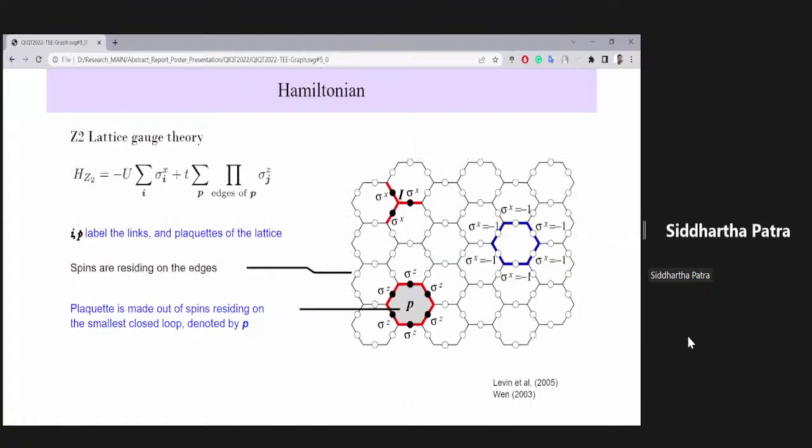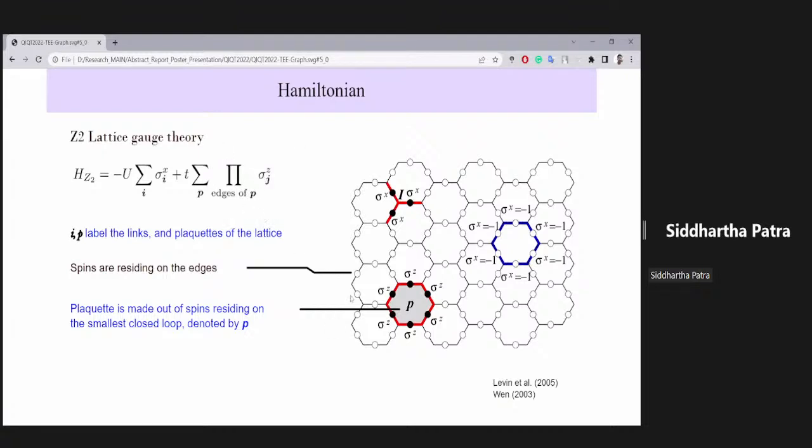To give an example, this is the simplest topologically ordered Hamiltonian, which is described by the Z2 lattice gauge theory Hamiltonian. In the Hamiltonian, you can see it is made out of two terms. When the second term dominates, you can see the second term is made out of non-local operators.